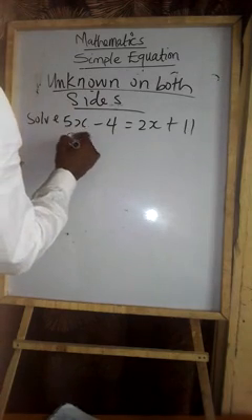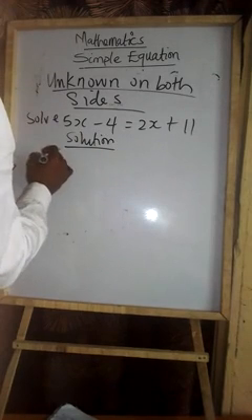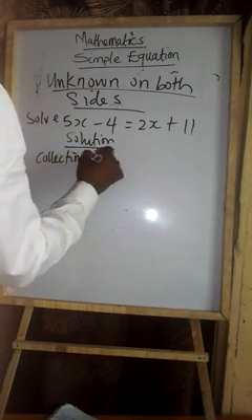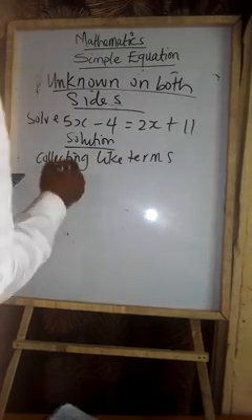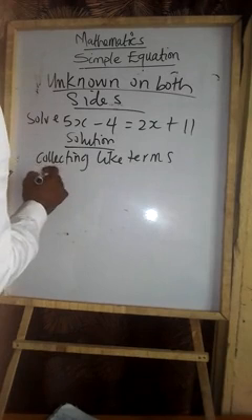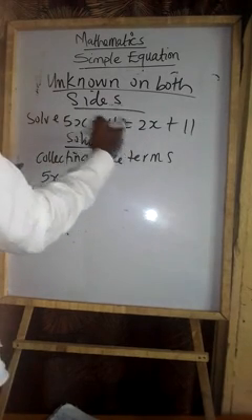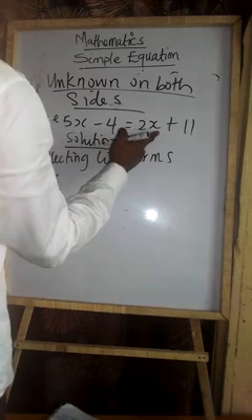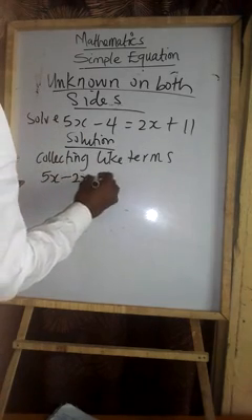So if I collect like terms, solution, I have 5x. If this crosses, remember what I said earlier, once this is positive 2x, once it crosses to this side, it will be carrying minus 2x.